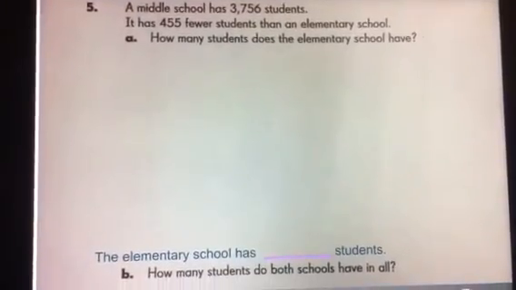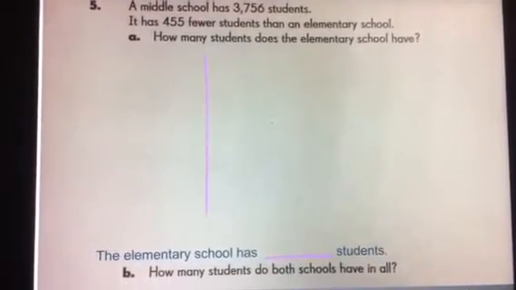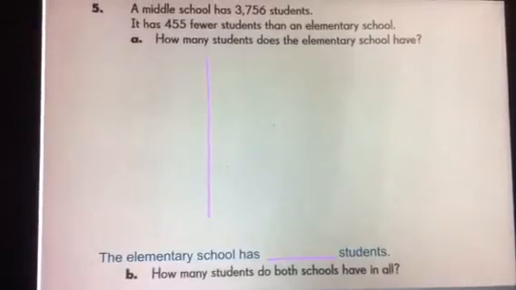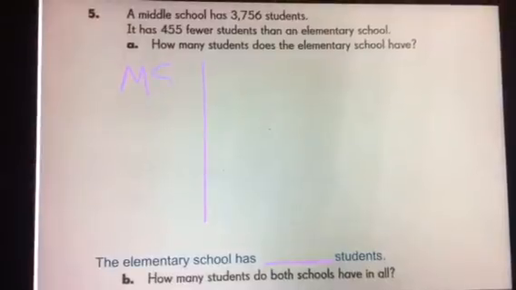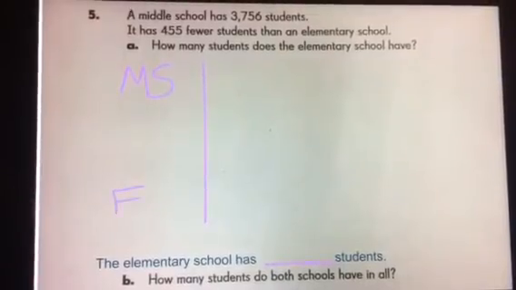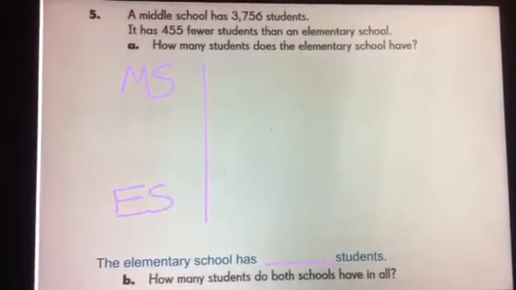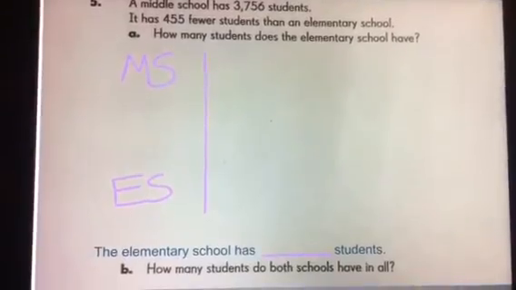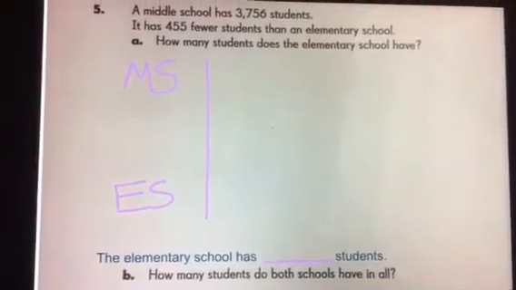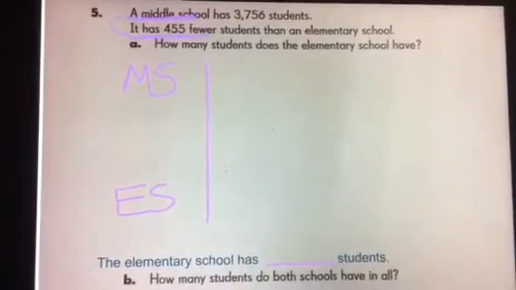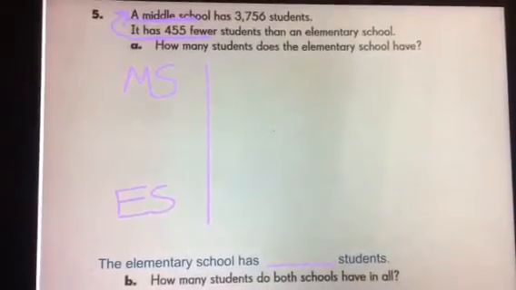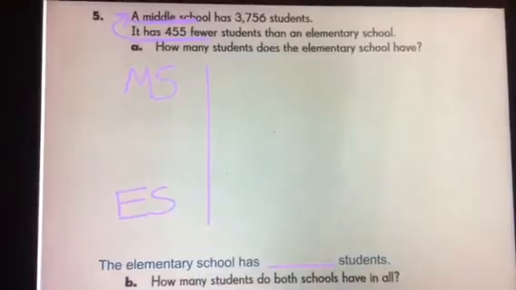Okay, so let's go ahead and do our starting line. Who or what is the problem about? This is about the middle school and the elementary school. And who has more and who has less? Look at this part right here. It, meaning middle school, has that many fewer students.